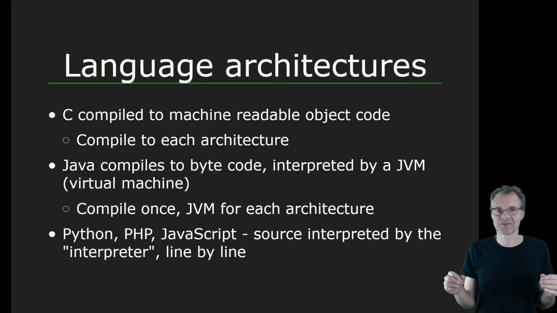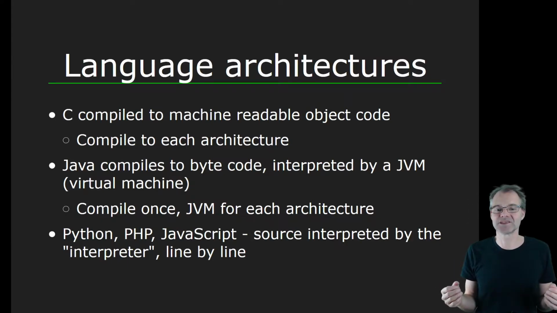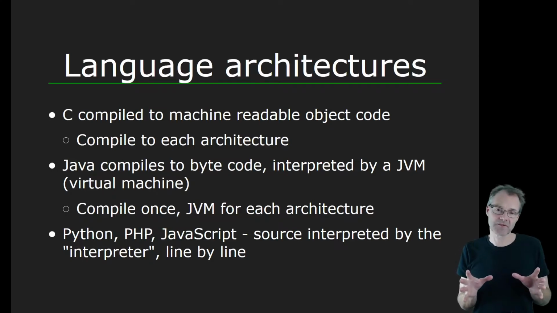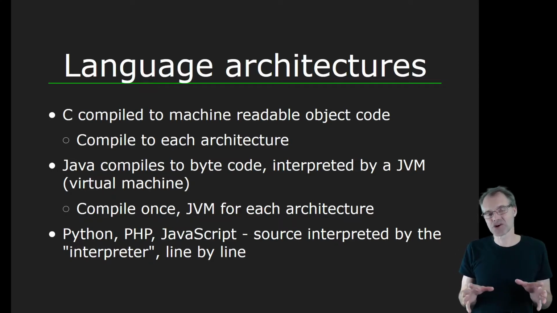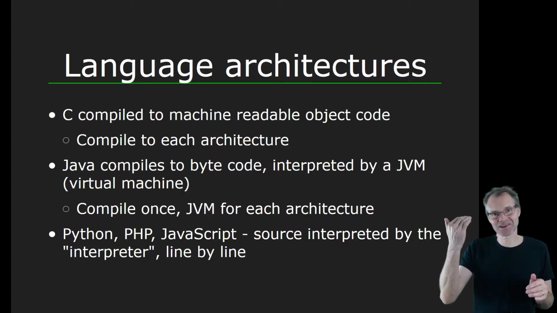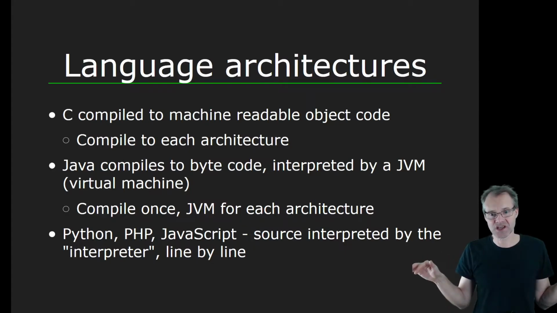And the C compiles to something we can call machine readable object code. We can compare that to Java or C#, where the program with the source code is compiled into something that is called bytecode. So that is a higher level bytecode that is compatible on all architectures.